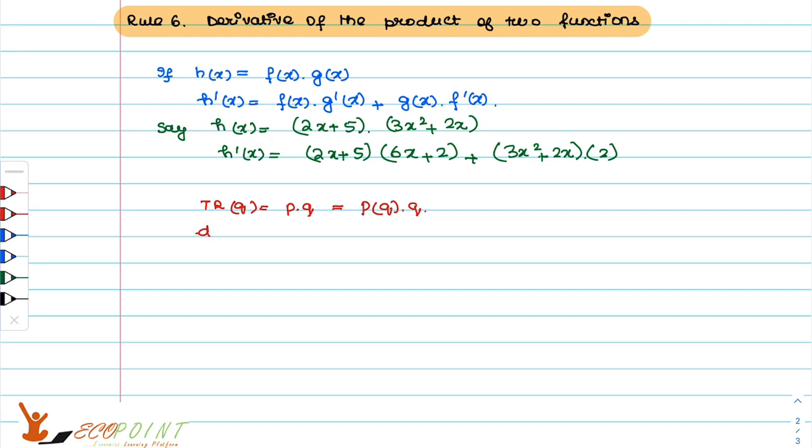And dTR by dQ: first function as it is into derivative of second with respect to Q, which is 1, plus second function as it is into derivative of P(Q) with respect to Q, that is dP(Q) by dQ.